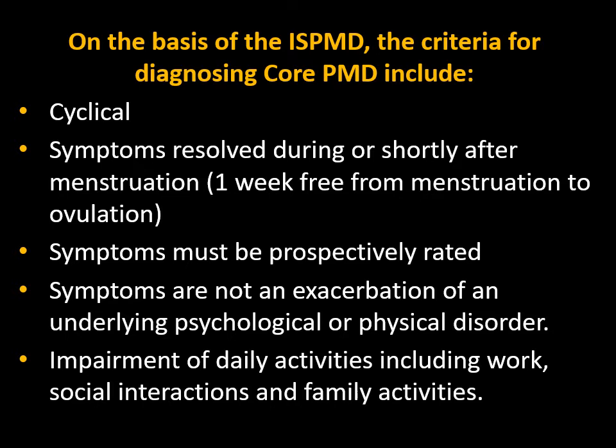Symptoms must be prospectively rated, that is, you ask the woman to document whatever happens with her in the next 2 to 3 cycles rather than remembering. Symptoms should not be an exacerbation of an underlying psychological or physical disorder, and there should be an impairment of daily activities, including work, social activities, and family interactions.